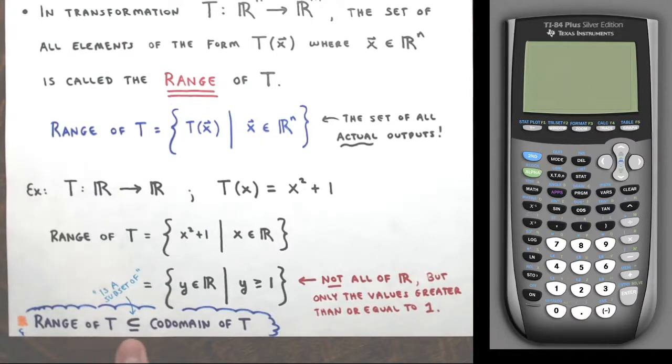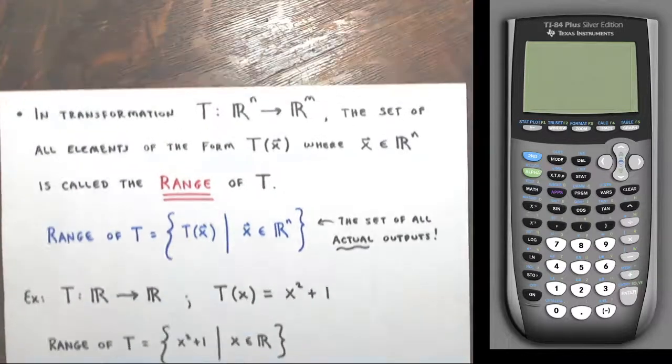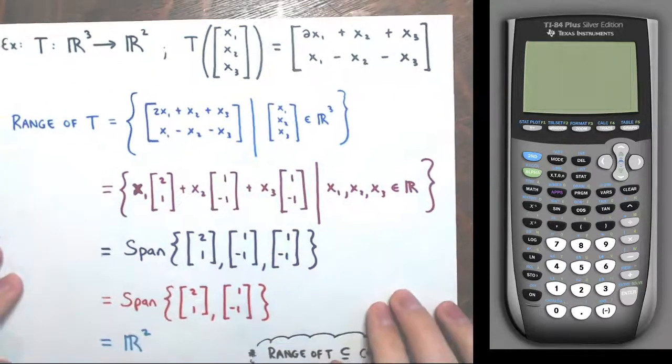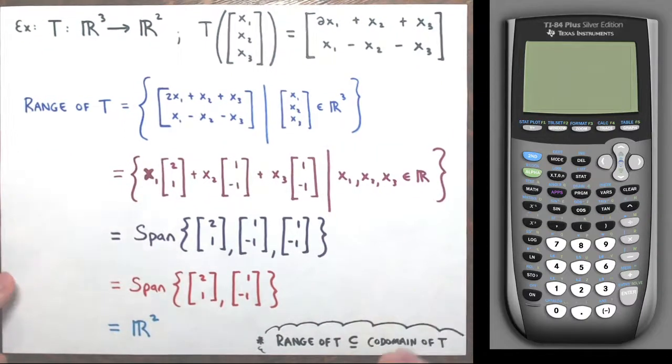All right, so here's a case where they're not equal, where the range is a proper subset of the codomain. And then I have one other example here where the range is equal to the codomain. Sometimes they are equal, and when they're equal, they call that kind of transformation an onto or surjective transformation, but we'll get to that in a future video talking about those kinds of definitions.